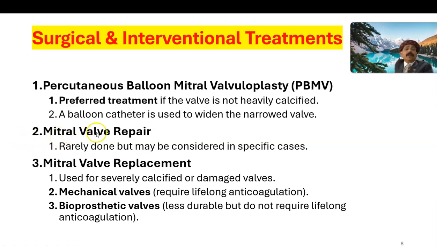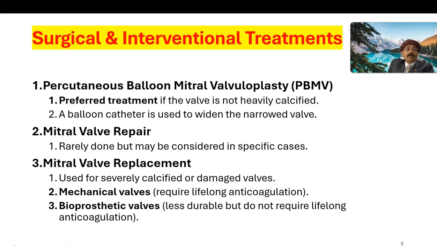Mitral valve repair is rarely done but may be considered in specific cases. Mitral valve replacement is used for severely calcified or damaged valves. Mechanical valves require lifelong anticoagulation. Bioprosthetic valves are less durable but do not require lifelong anticoagulation.